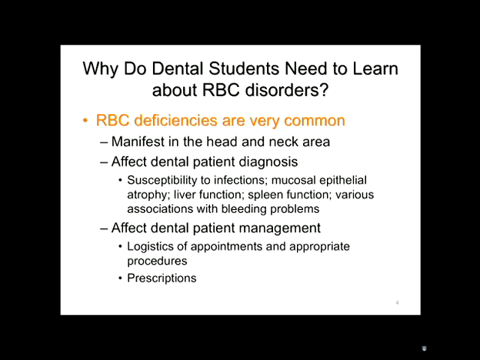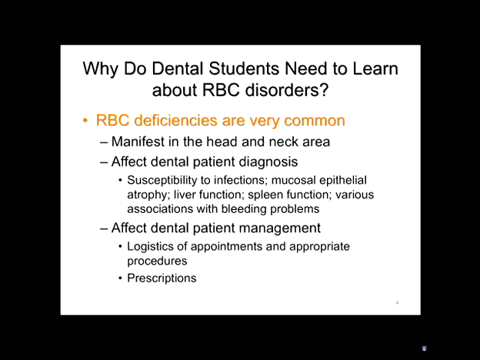Most of you are probably aware that red blood cell disorders are extremely common, and they do manifest in the head and neck area in more than one way. So I'll show you a few examples. These are disorders that affect a lot of cells and tissues throughout the host, which means the host tissues are different in the way that they handle insult.